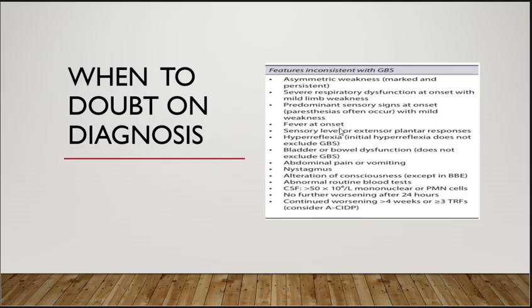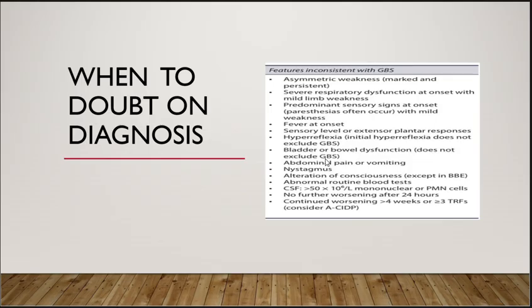A definite sensory level is usually seen in spinal cord disease or transverse myelitis. An extensor plantar response means UMN causes. Also hyperreflexia and early bowel and bladder involvement. Even though bladder and bowel involvement can be seen in GBS, it is not early.